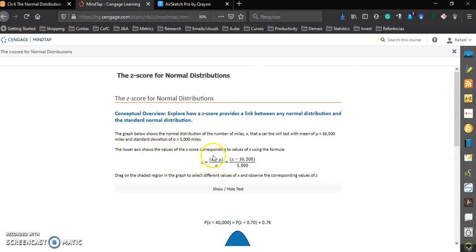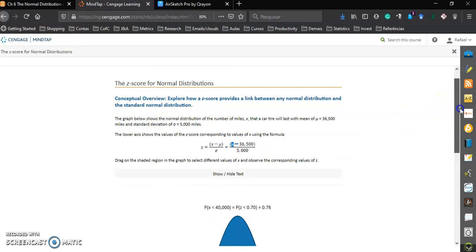So we use this formula to turn any value, for example, from my car. Let's say I drove 20,000 miles. What is the z-score of my car, 20,000 miles? So I replace 20,000 miles in this x. 20,000 miles minus the mean, which means I'm below the mean, so the resulting number will be negative, and I divide it by the standard deviation, I get my z-score.